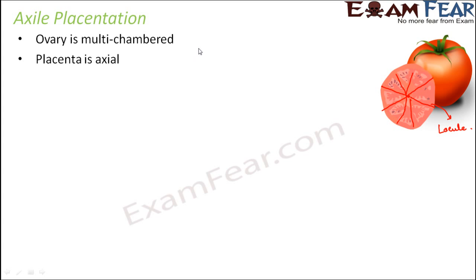If I try to show this diagrammatically, it would be somewhat like this. The radial spokes divide the ovary into septa. Each of these boundaries which divides it into parts is known as a septum, and each of these portions is known as a locule.